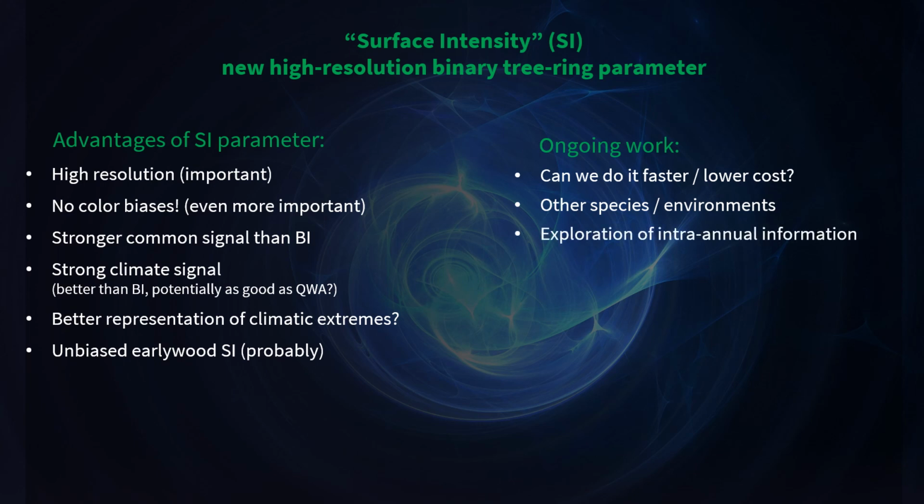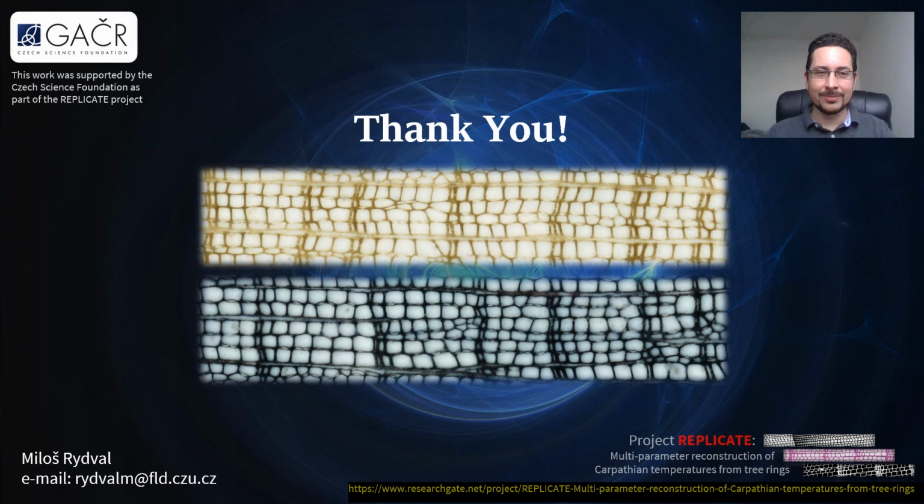And of course, with the high resolution, we can start to look at intra-annual information as well, which is quite interesting, and potentially even start to measure quantitative wood anatomical parameters from surface images converted to a binary format. So SQWA, that's something that we could call it potentially.